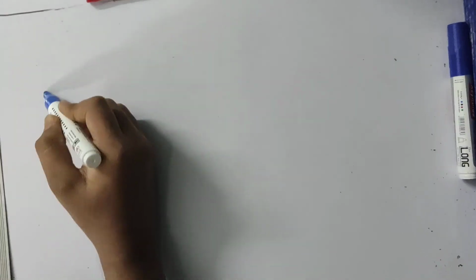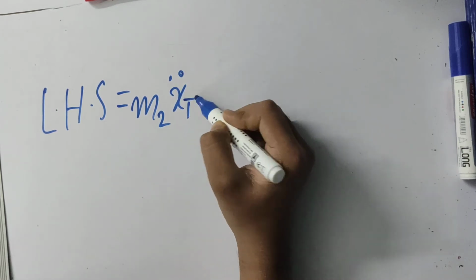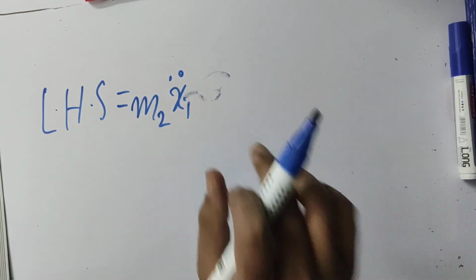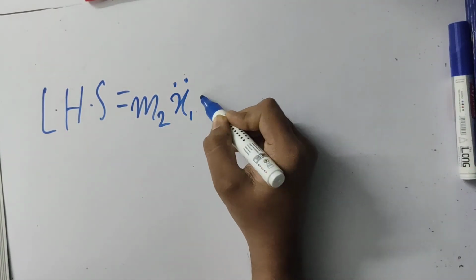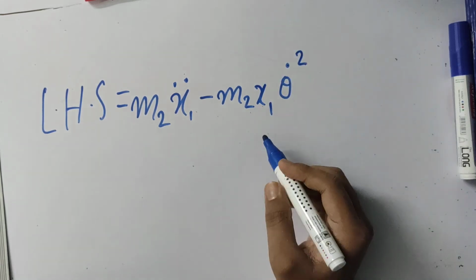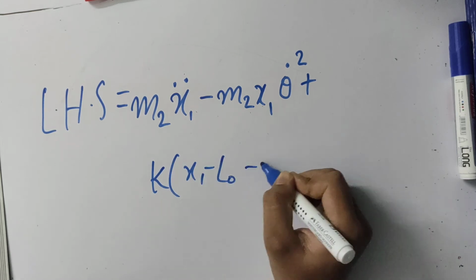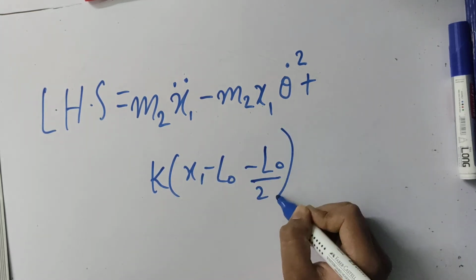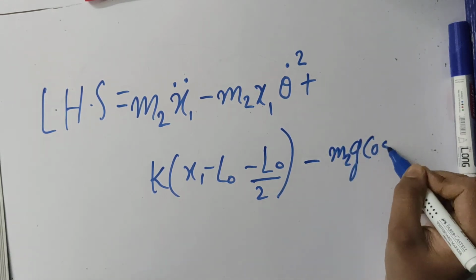So our LHS is equal to m2 x1 double dot minus m2 x1 theta dot squared plus this term minus m2 g cosine of theta.